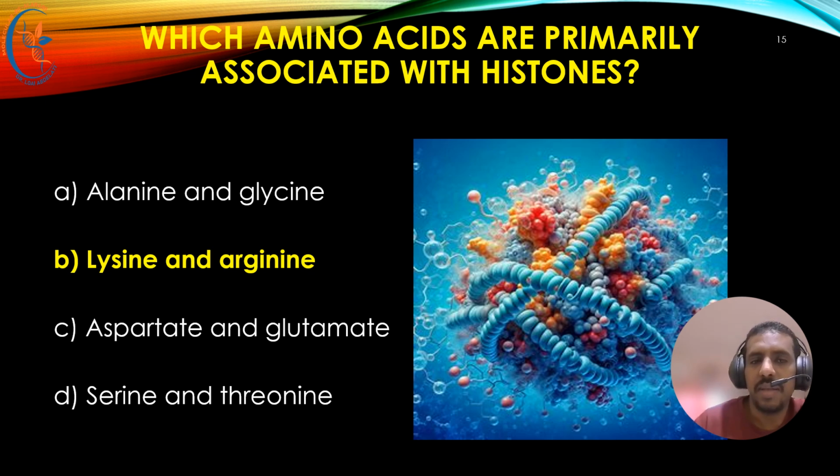Actually, together, lysine and arginine contribute to the overall positive charge of histones, as I said earlier, allowing them to bind to the negatively charged DNA and organize it into nucleosomes. So the correct option is B. Let's move to the next question.